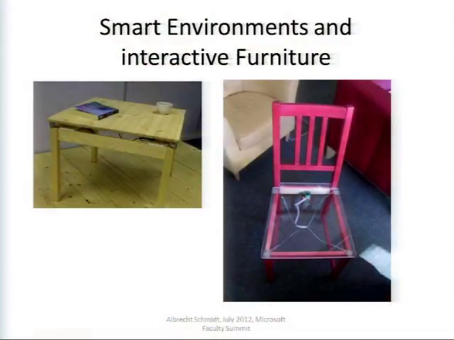A second example is smart furniture, smart environments. We have seen this morning one session on the smart home, and I think this is another area where new devices are very clearly needed. Otherwise, we don't really make a change to the environment and don't exploit the full potential.